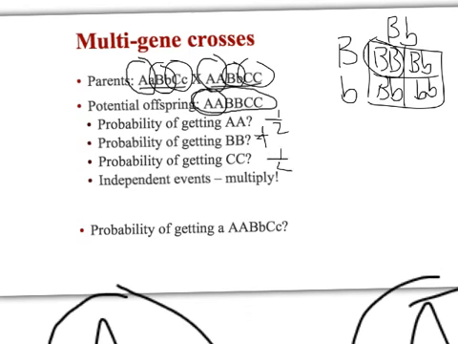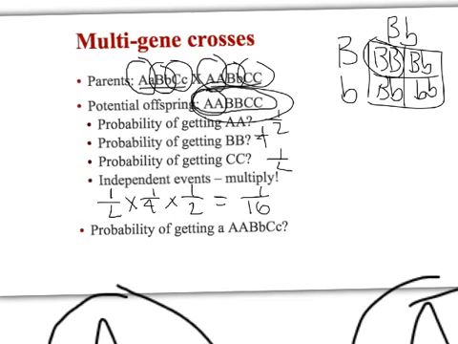Now, because we're going to assume that these three genes are on different chromosomes, gene A, gene B, and gene C act independently. So I can use my rule of multiplication here and multiply my three probabilities together, and 1/2 times 1/4 times 1/2 gives us a chance of 1/16. So that means the probability of having this offspring from those two parents is 1/16.